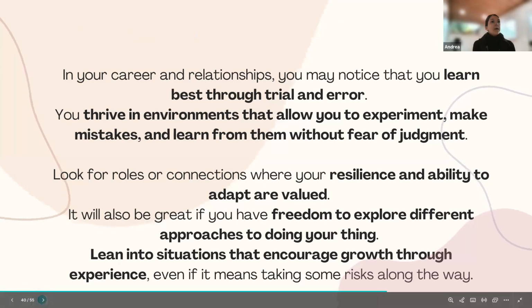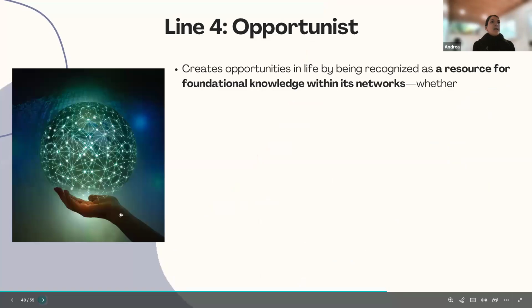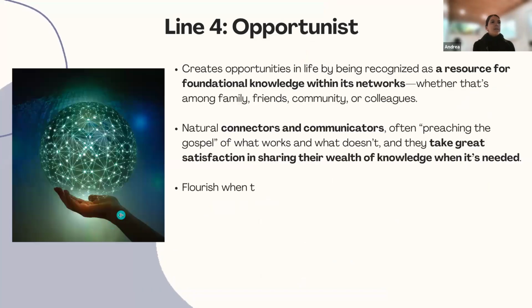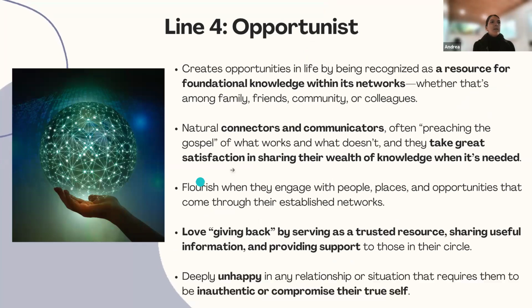Line 4 is referred to as the opportunist. These are the people that really thrive with community and networking. They're often the person who says, oh, I have a person for that, who will always have someone to refer for something and loves making those connections.